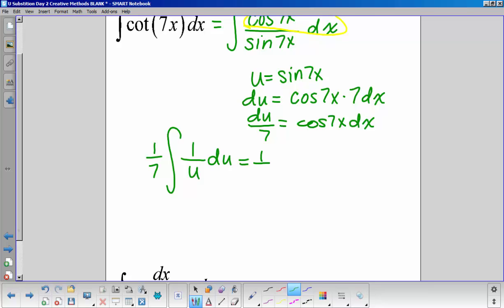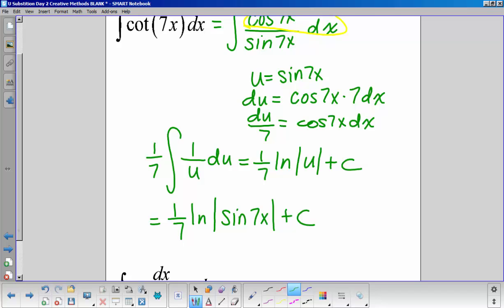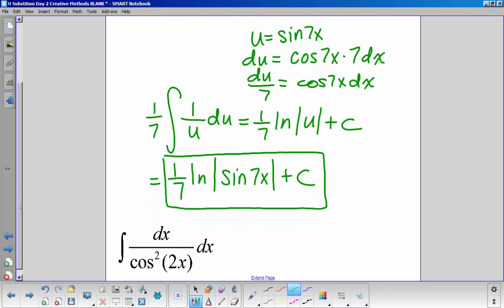So 1/7 the natural log of the absolute value of u plus c. So our integral is going to equal 1/7 natural log of the absolute value of sine of 7x plus c. So the strategy to integrating cotangent is bust it up into its cosine over sine parts.